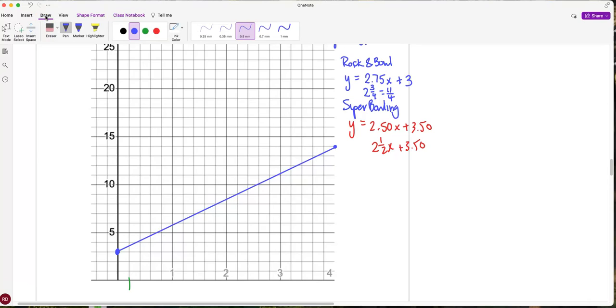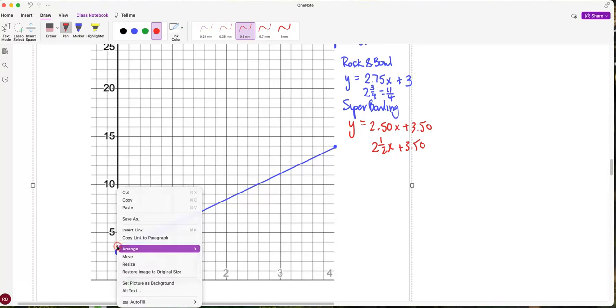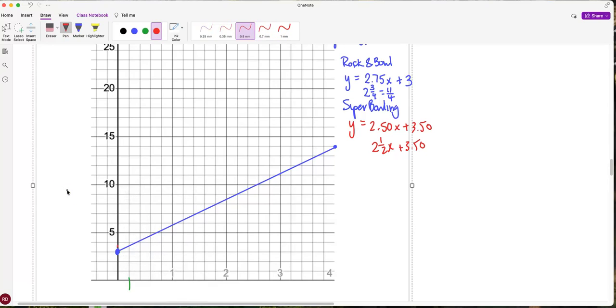Now the next one, I'm at 350. So 350 is sort of right there, somewhere in that area. And the slope is 2.5, which is 5/2.